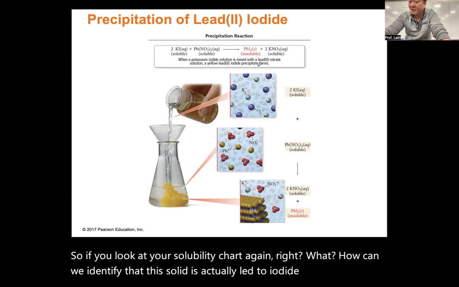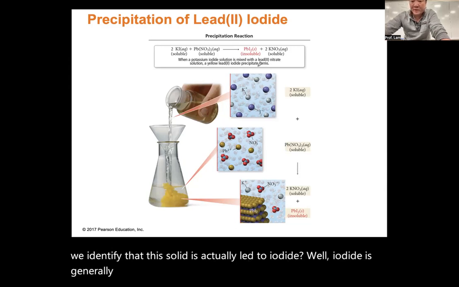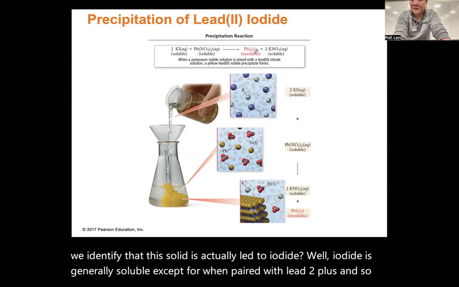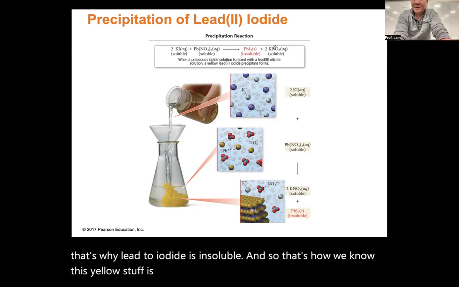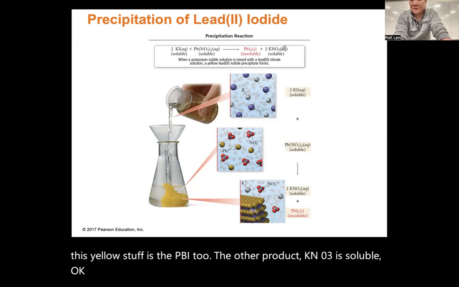Well, iodide is generally soluble except for when paired with lead 2 plus. And so that's why lead 2 iodide is insoluble. And so that's how we know this yellow stuff is the PbI2. The other product, KNO3, is soluble, and so therefore it stays in solution. It's aqueous.